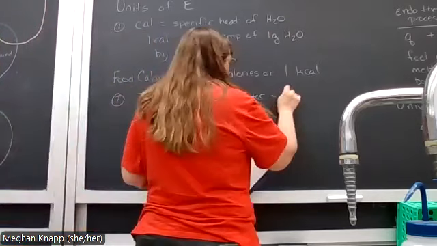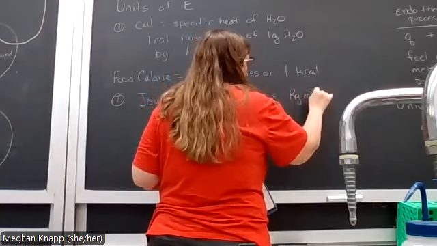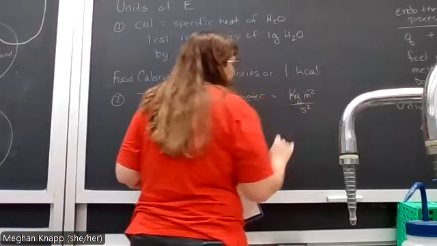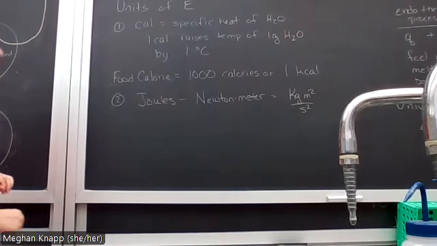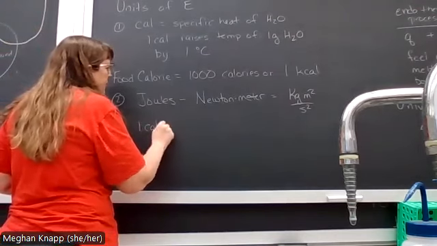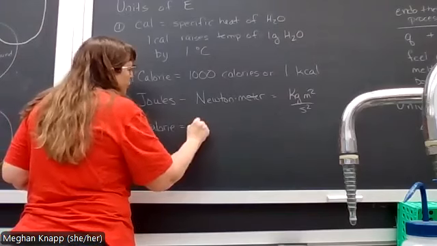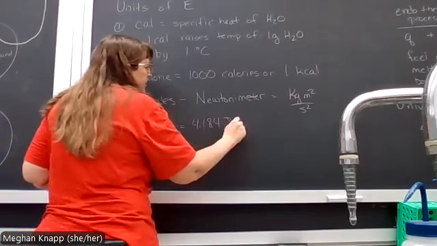This is also equal to kilograms meters squared per second squared. We're not going to have to do anything with those units, but that's just why we have this different unit here. So 1 calorie is equal to 4.184 joules.